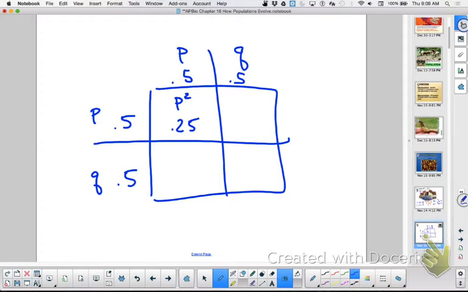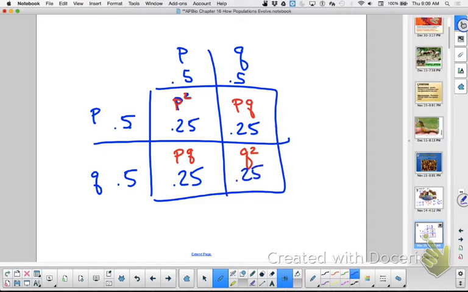The two dominant ones. Then this one is 0.5 times 0.5, also 0.25, but what would that be? P times Q. This would be like our heterozygotes, yes? Again we have 0.25, because we're crossing the whole population with itself, and then we have another PQ, and what's this last one going to be? Q squared, and what's this number going to be? 0.25.